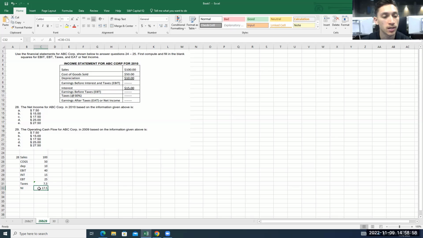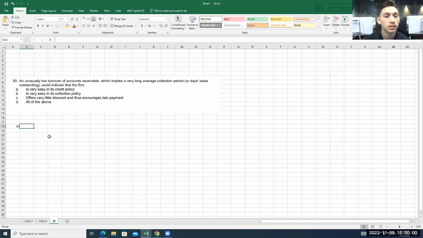All we're going to do is take our net income that we already calculated and add our depreciation to it. We have depreciation right here. So operating, take our net income plus depreciation, going to give us 27.5. It's going to be E, operating cash flow.